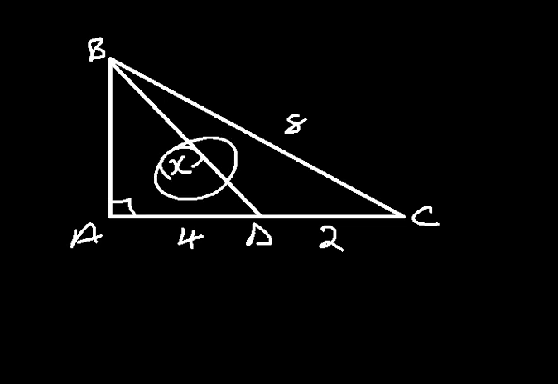So how should you have the value of the side x? In order to have the value of the side x, we are going to use the Pythagoras theorem. Now, the side x is the hypotenuse of the triangle ABD. So all we need is the value of the side AB.